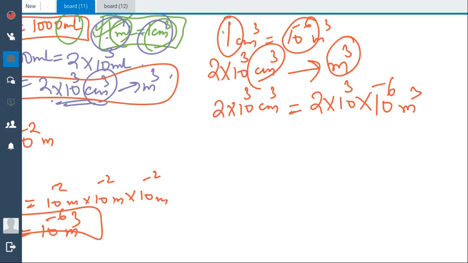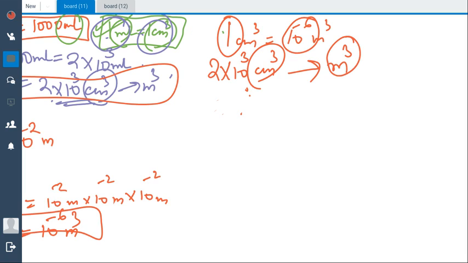I'll do it once again if you didn't understand. We can write this as 2 into 10 raised to 3 into 1 centimeter cube.